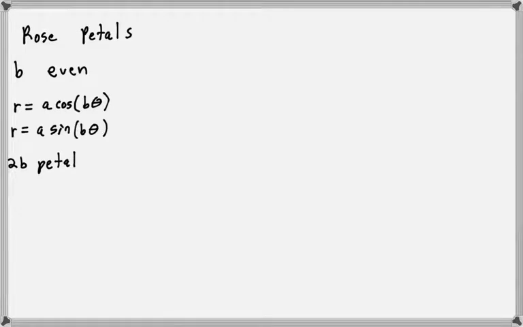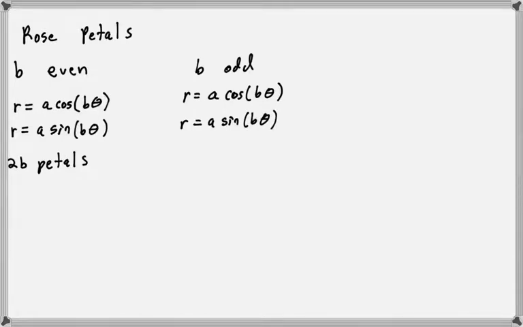Okay, so for example, if you have a cosine of 4 theta, you're going to have 8 petals. If b is odd, r equals a cosine b theta, r equals a sine b theta are both Rose-Petals, and we actually did an odd number in the previous example, and that was 3, and we had exactly 3 petals. So if the b is odd, you're going to have exactly that many petals.